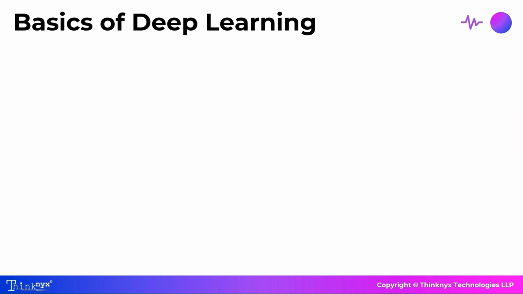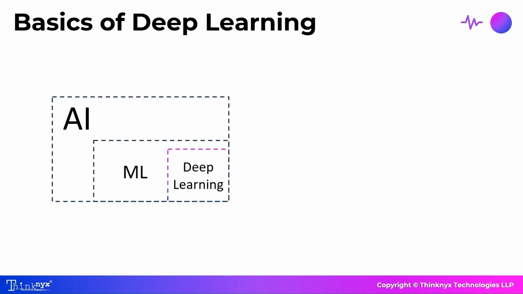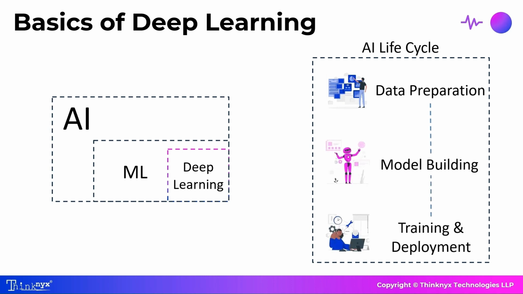As already covered in the earlier sections, deep learning sits within the broader field of AI as a subset of machine learning. So naturally, it aligns with the fundamental stages of the life cycle of the AI model, starting with data preparation to model building, training, and deployment.